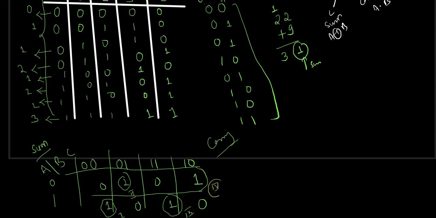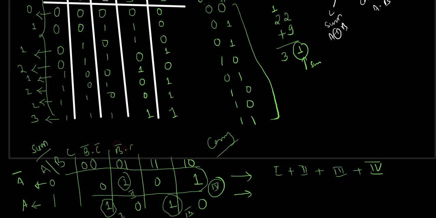As I am using the concept of K-map using SOP, I will be writing case 1 plus case 2 plus case 3 plus case 4. So what is case 1 over here? As I am using the SOP concept, this will be A bar and this will be A. Similarly, this will be B bar dot C bar, this will be B bar dot C, this will be B dot C and this is B dot C bar.